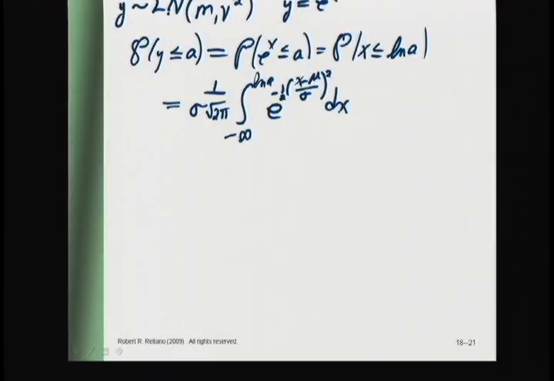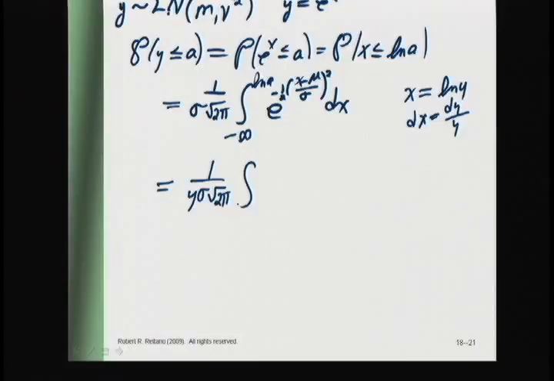And I think that's all okay. Yes. So now we make a substitution. Let's let x be equal to the log of y. So we now have to substitute dx is dy over y. We do the substitution, and the y comes out. So I have a y sigma square root of 2 pi.